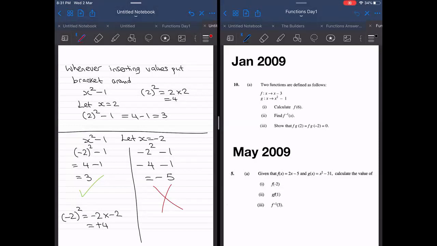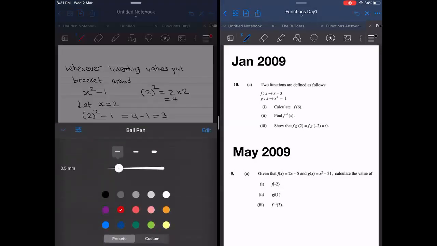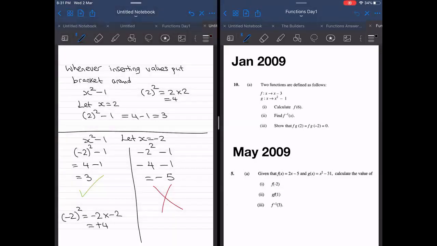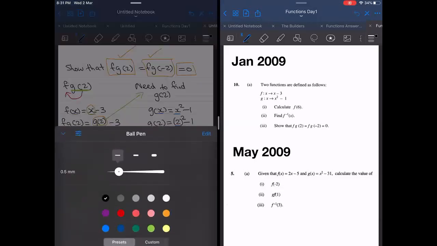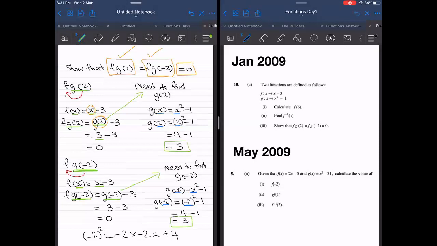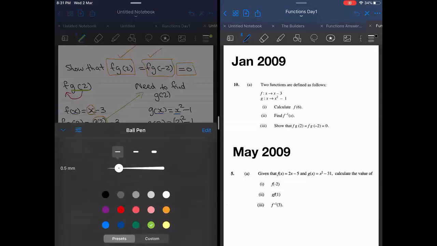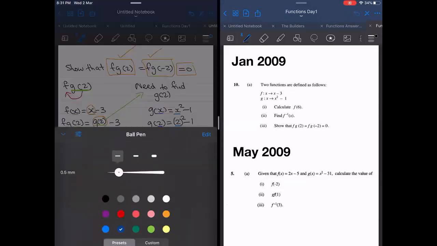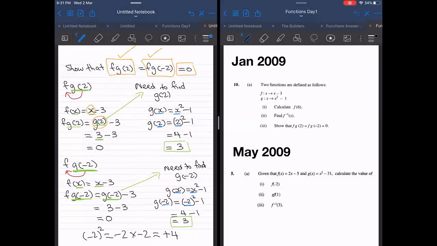Right? So I'm saying a rule or a piece of advice that I'm giving you, whenever you are inserting values, put the bracket around them so that you don't mess it up. So I'm going to come back to this, but I just want to point out here, when I have the minus 2, if you notice, I put it in the bracket.